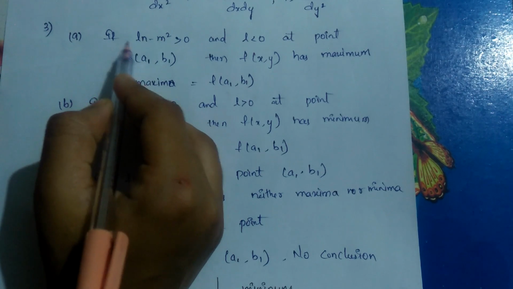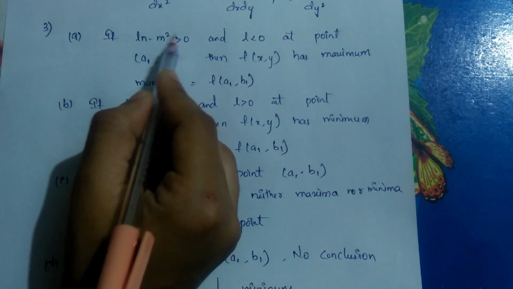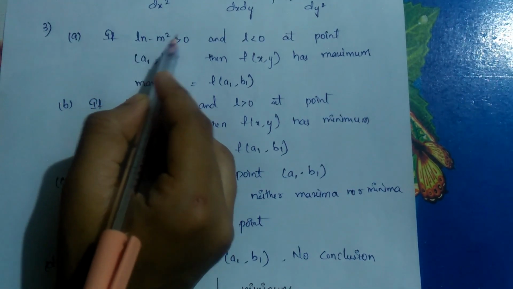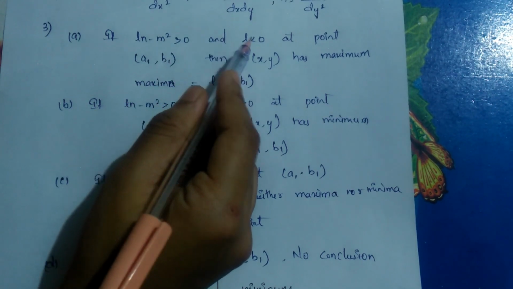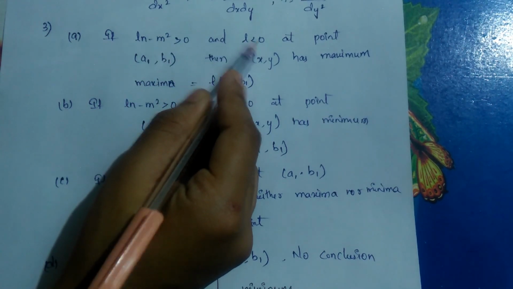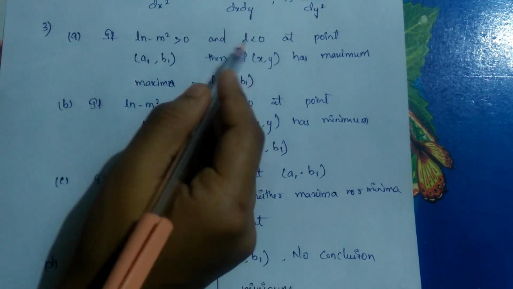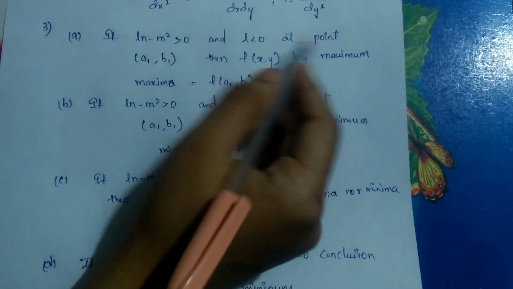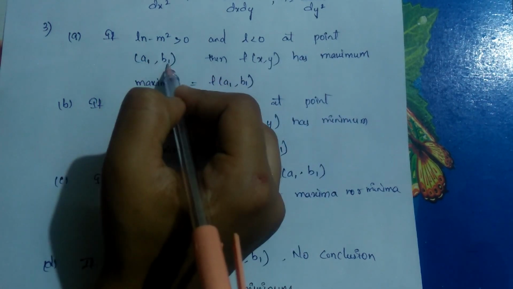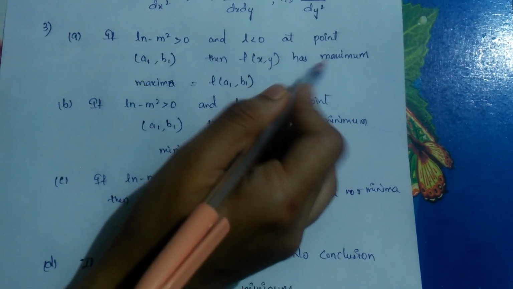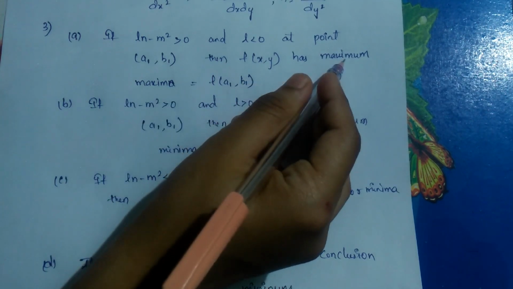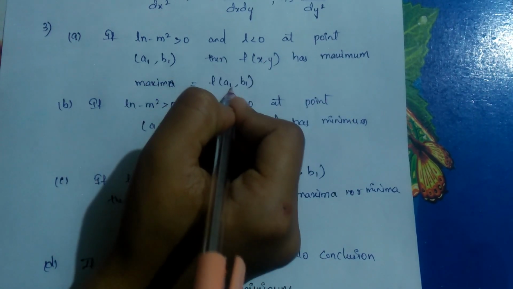First we have to find out LN minus M square. If LN minus M square is greater than 0, and L is less than 0, if the given L, M and N values satisfy these two conditions at the point a1 comma b1, then the function has the maximum at f of a1 comma b1.